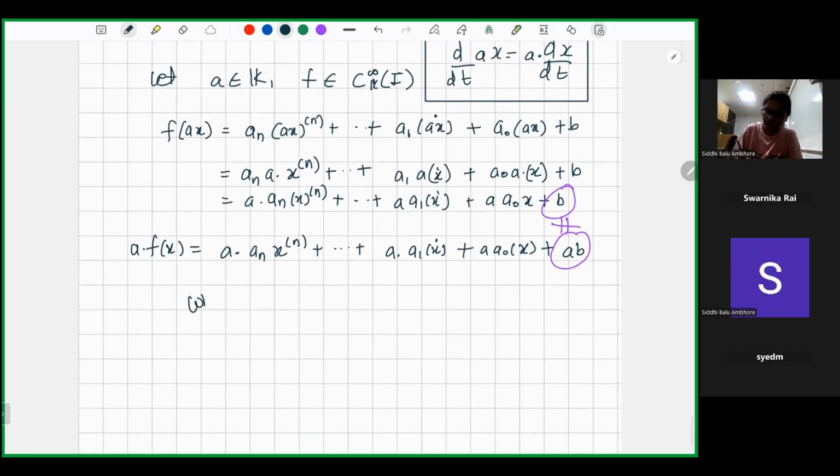So when b is non-zero, and let me write like this, b in C infinity, this ab will be this, wait, this is not correct. If a is not equal to 1, then this ab will not be equal to b in C infinity.